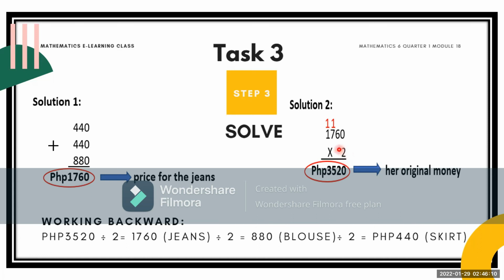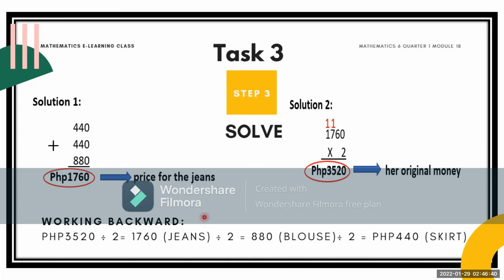Okay, so we have here 1,760 times 2. 2 times 0 equals 0, 2 times 6 equals 12, bring down 2 carry 1, 2 times 7 equals 14, plus 1 equals 15, bring down 5 carry 1, 2 times 1 equals 2, plus 1 equals 3. So our answer will be 3,520 pesos, her original money.